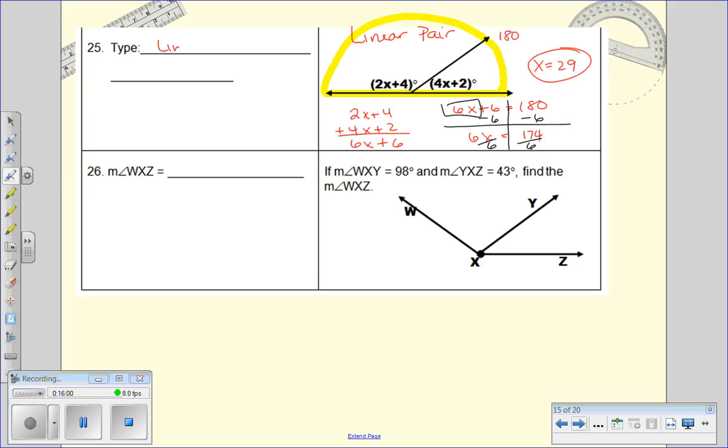So the type is a linear pair. And if x is 29, we need to figure out what each angle is. So we have 2 times 29 plus 4. That gives us 62. So one of the angle measures is 62. And then 4 times 29 plus 2 gives us 118.